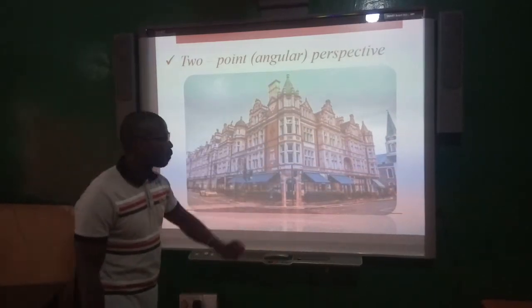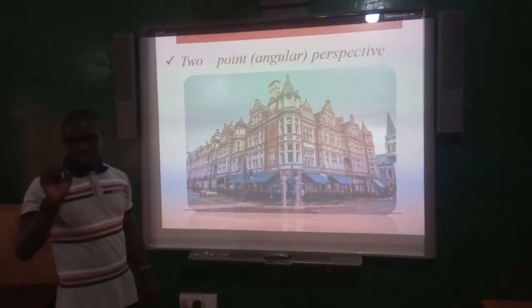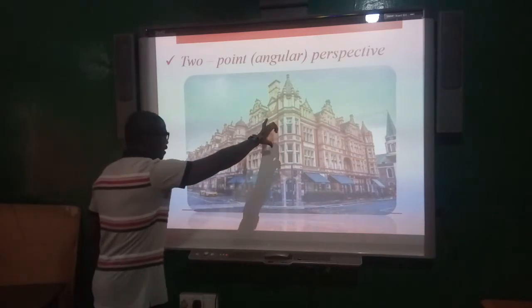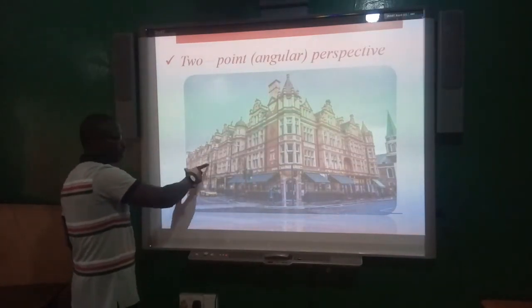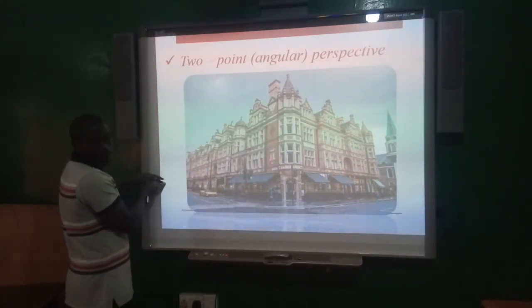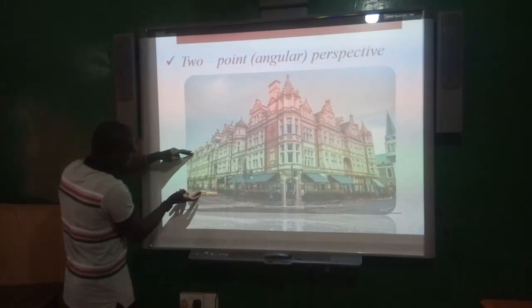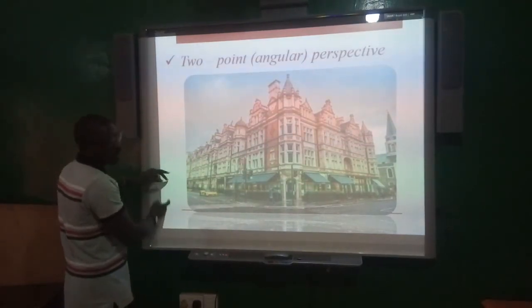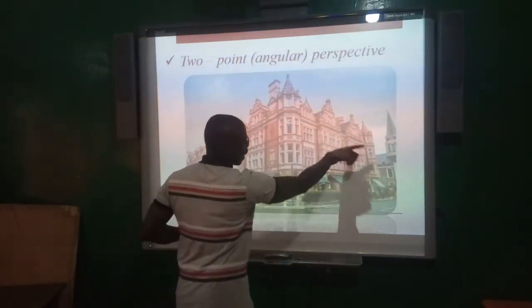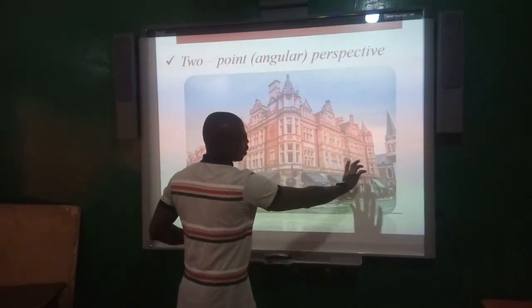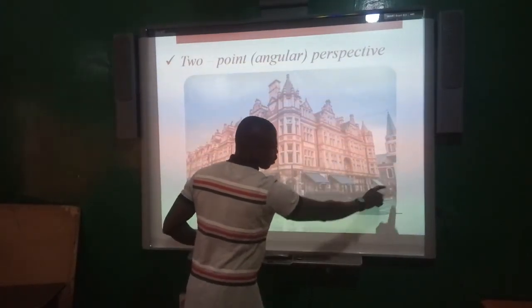If you look at the picture I have on the board, you will clearly see that this side of the building will converge at one point. Although it didn't come, at least you can deduce from it. If you look at this side of the building, as it moves, it will converge at one point, whereas the other side, when it moves, too will converge at one point.